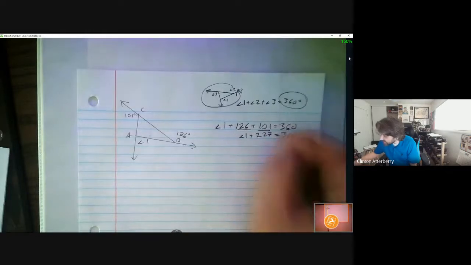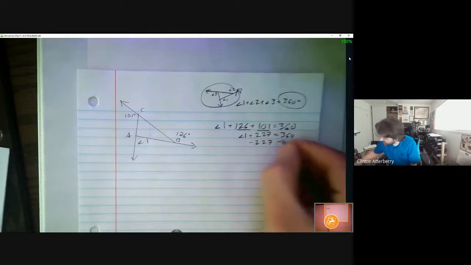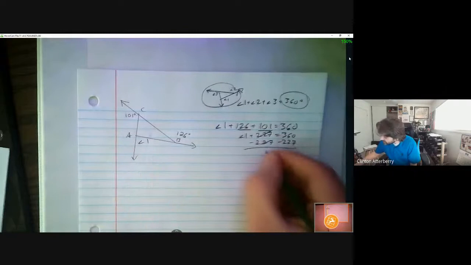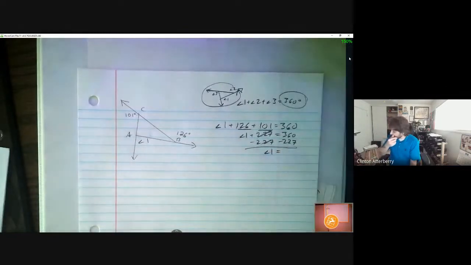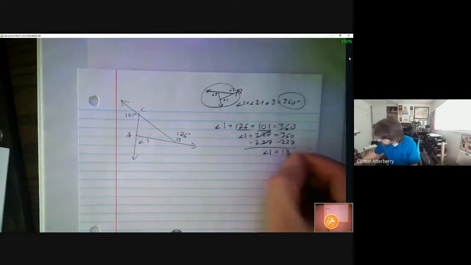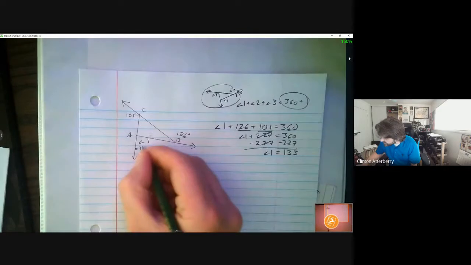So I'm going to subtract that from 360. Take it away, and what's left over will simply be angle 1. 360 minus 227 is 133, so that equals 133 degrees.